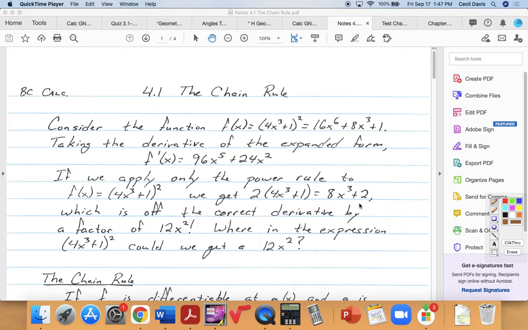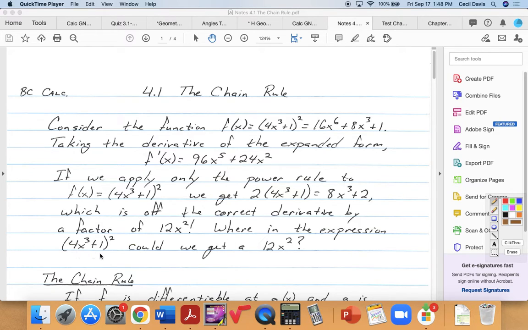And you're like, okay, well, how far off am I? Well, it turns out 8x cubed into 96x to the 5th is 12x squared. And 2 divided into 24x squared is also 12x squared. And you're like, that's an interesting coincidence.